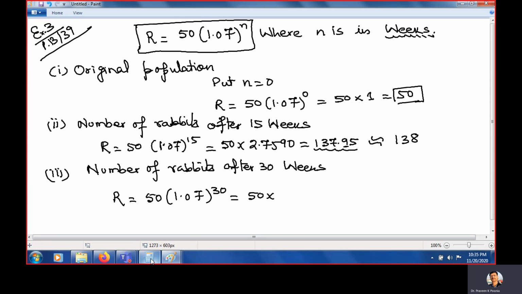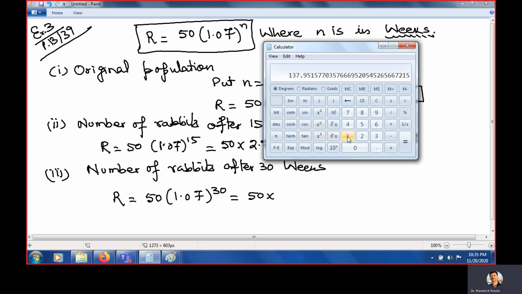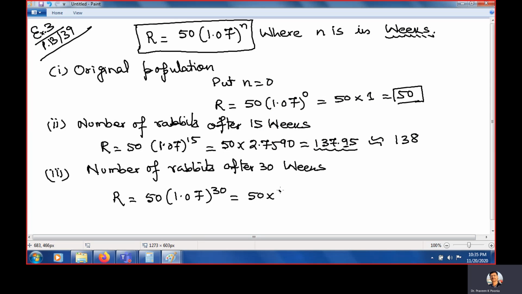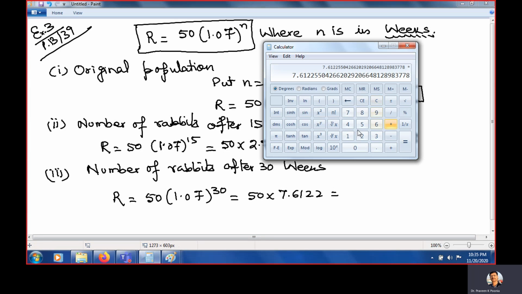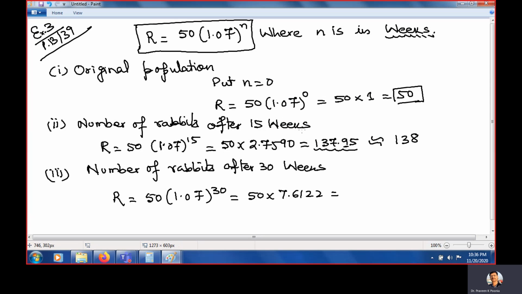Let us find the value of 1.07 power 30. This is 7.6122. And how much is it? Multiply by 50. It is 380.6.